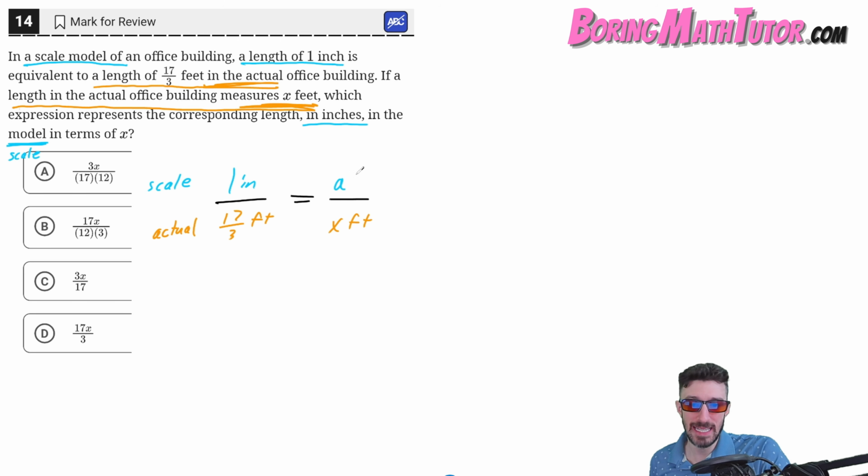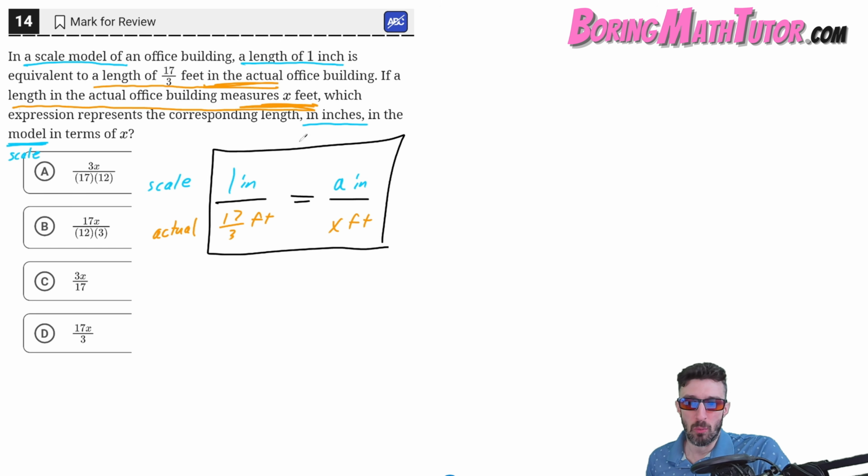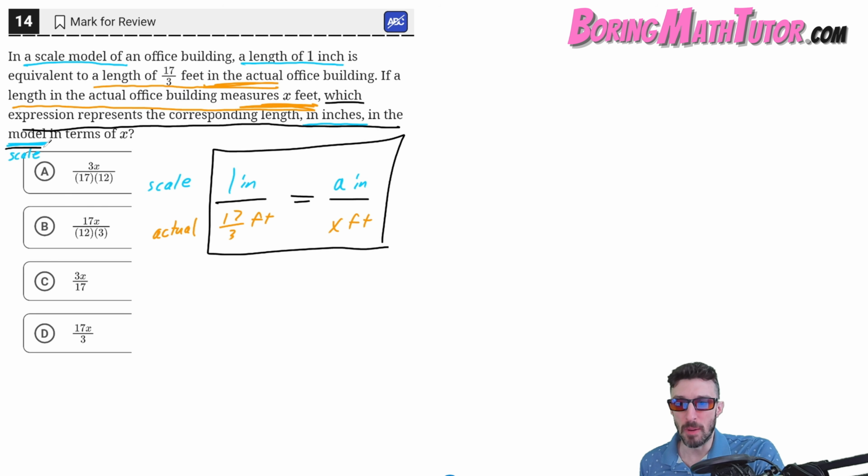And now that's in inches, so I'll put A inches. So now I have my proportion set up, but what are they asking me for? Well, they were saying which expression represents the corresponding length in inches of the model. So that's that new letter that I just came up with. That's the A. So that's the thing I need to solve for.